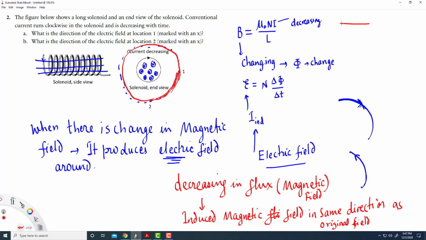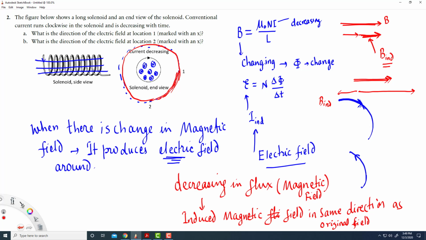You have a magnetic field in this way, and if the magnetic field is decreasing, okay, it's going down, that means in order to compensate this decrease, you will need this additional magnetic field, okay, and that additional magnetic field is B induced. Okay. And that's Lenz's law. Lenz's law is, again, whenever there is decrease in magnetic field, you will have some induced magnetic field that will compensate that decrease.